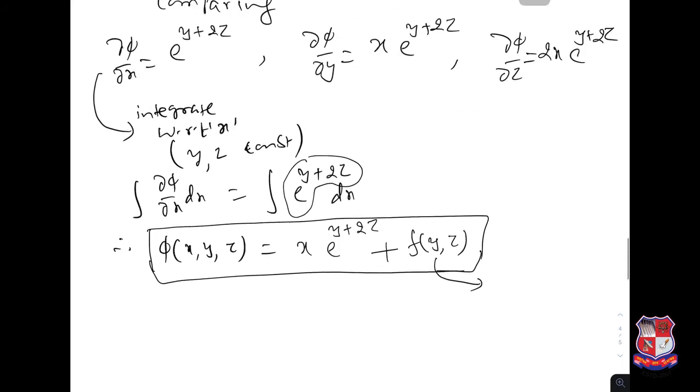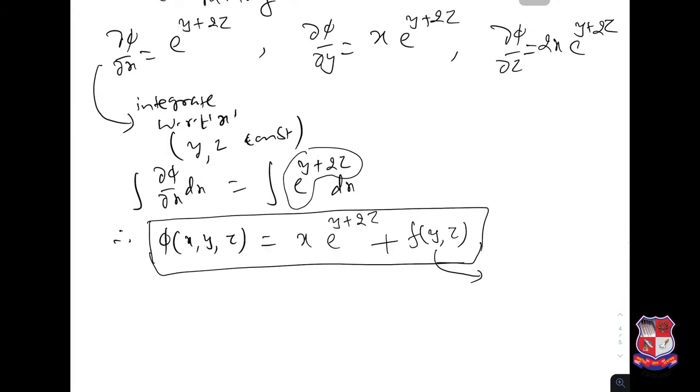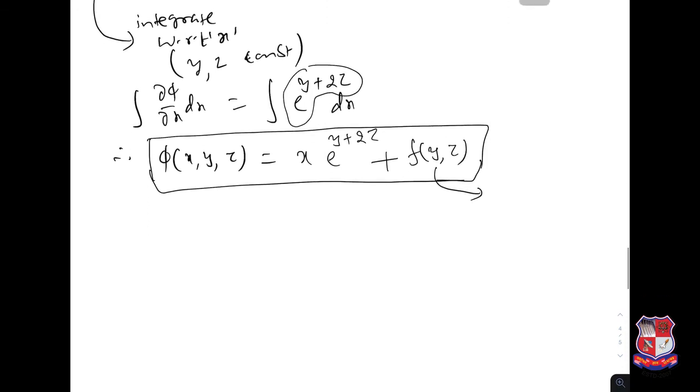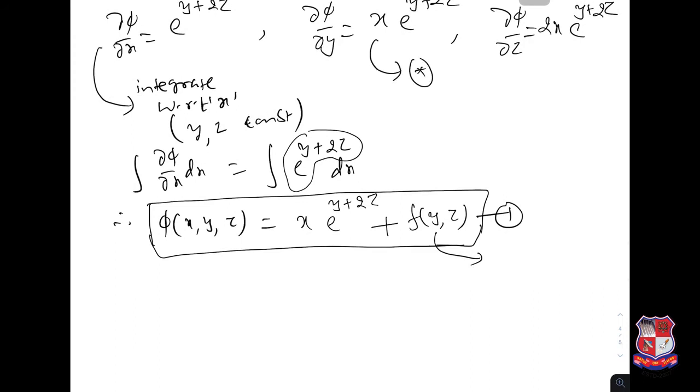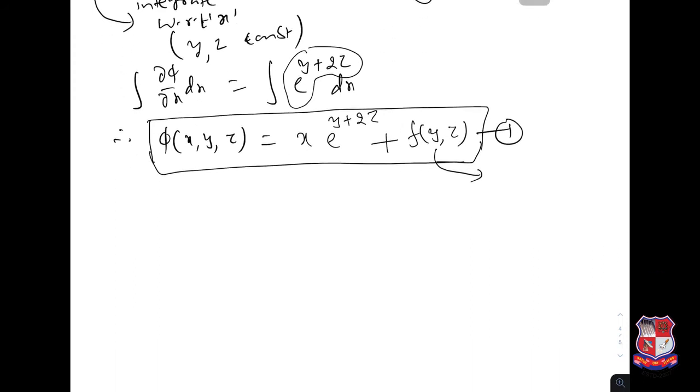Now we have del phi by del y also, so we use that part. So here we take the derivative of this phi. So del phi by del y is equal to, take the derivative here, so that is x e power y plus 2z, derivative of e power y plus 2z with respect to y is e power y plus 2z, plus this small f, that derivative with respect to y.